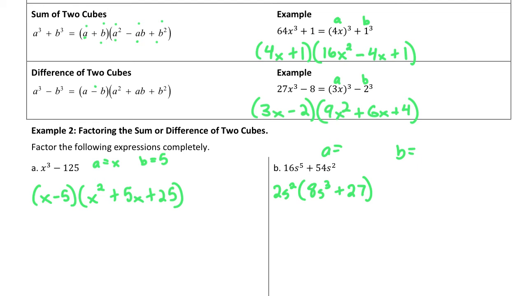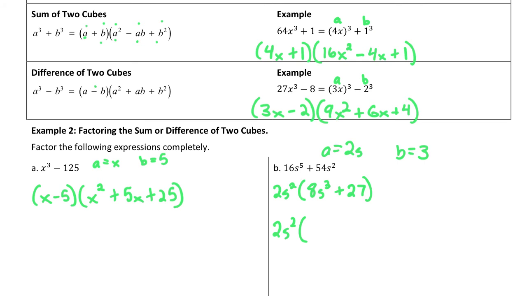So this 8s cubed is a perfect cube. 8 is a perfect cube, so a is 2s. And then b, 27 is a perfect cube. It's just 3. So to factor this, I'm going to keep the 2s squared on the outside.